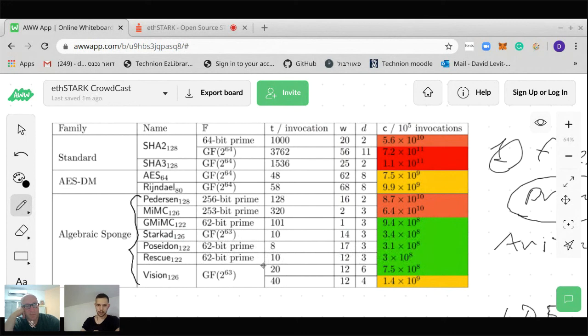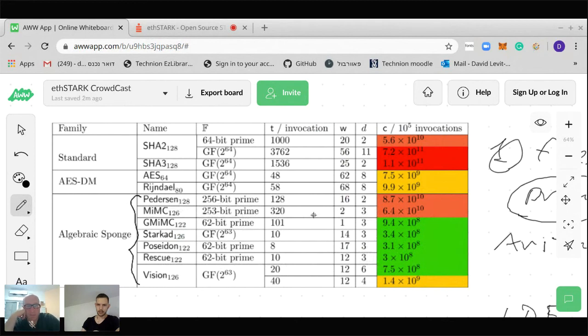But if I take, for example, Rescue versus MIMC, first of all, they are both prime, which is good, but MIMC is over a much larger field. They both have the same degree, which makes them comparable in these designs.